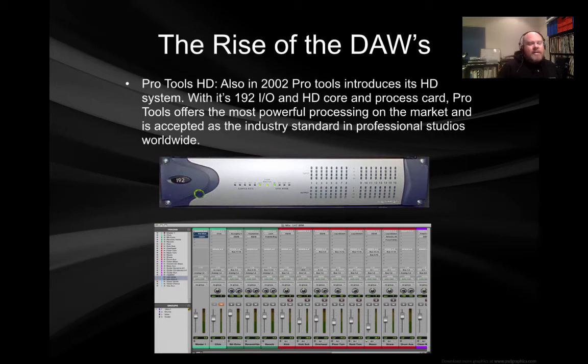Now, one thing that's worth mentioning here is that Pro Tools was also locked to its hardware. You had to have a Pro Tools sound card to run Pro Tools. You couldn't have any other sound card. You had to have their own hardware to make Pro Tools work, which was a great protection against piracy, and a very interesting business model that they held for quite a number of years.